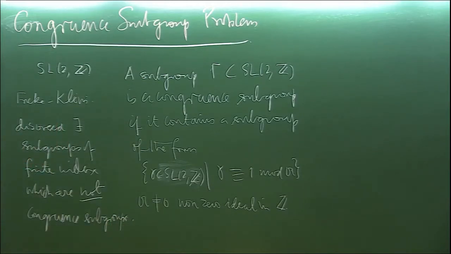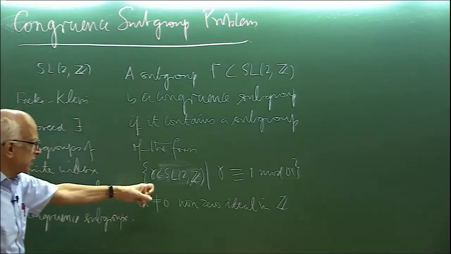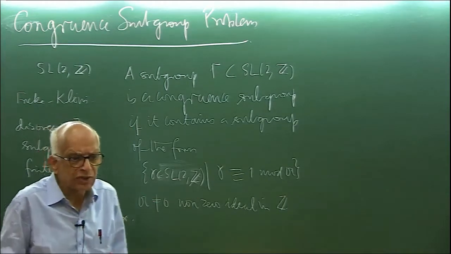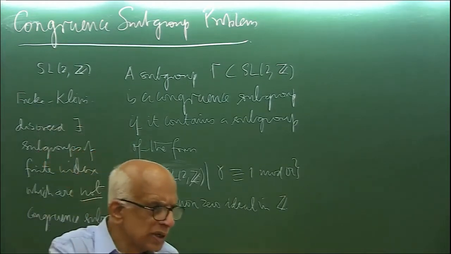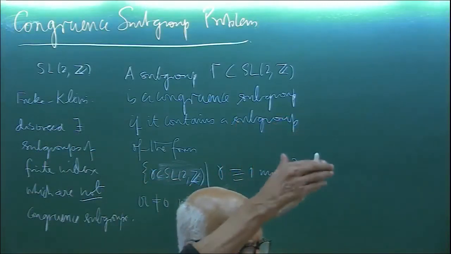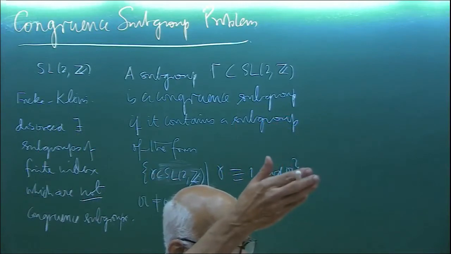It's not difficult to see that such subgroups exist. In fact, you can take, in SL2Z, subgroups of finite index which are free. And free groups have practically any finite group as a quotient.